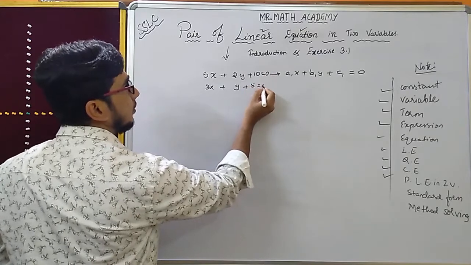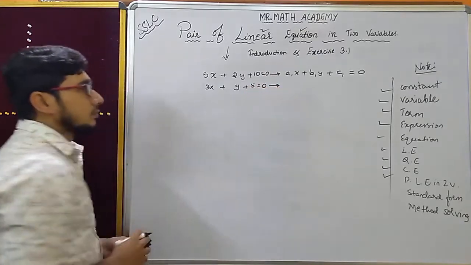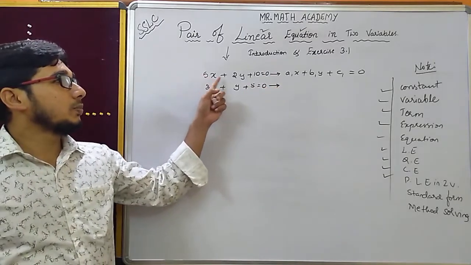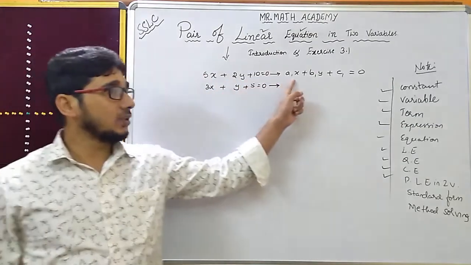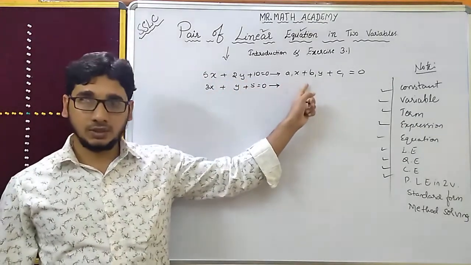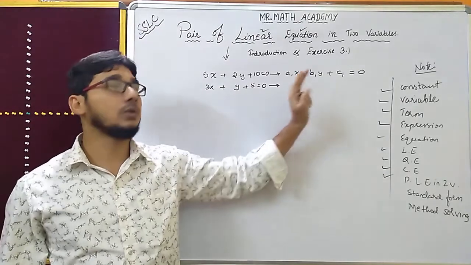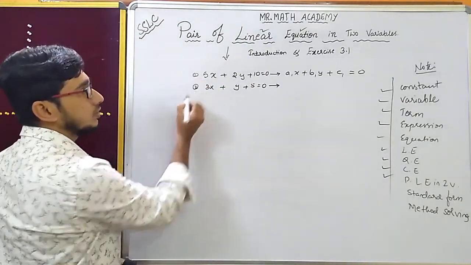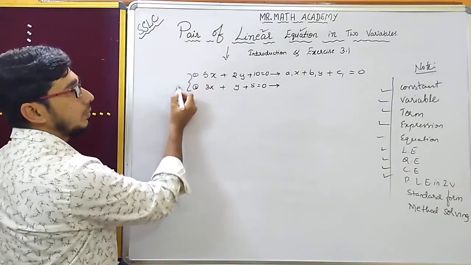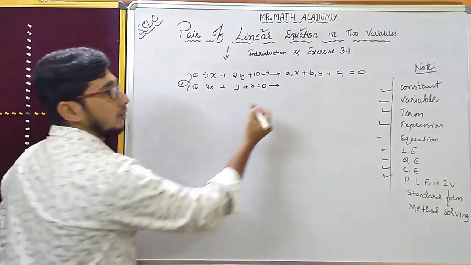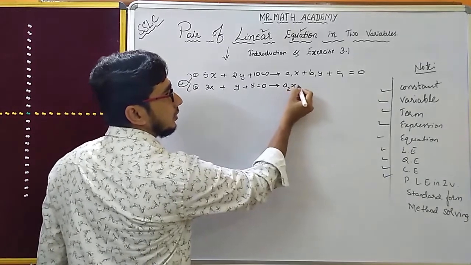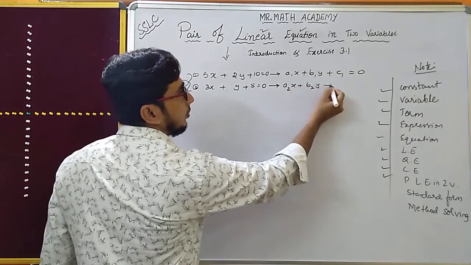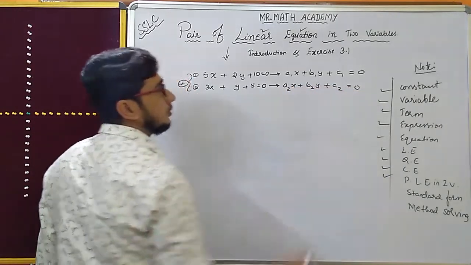See, a1x plus b1y plus c1 is equal to 0, like this, for the first equation. This is the second equation. Together it will become a pair of linear equations. So a2x plus b2y plus c2 is equal to 0.